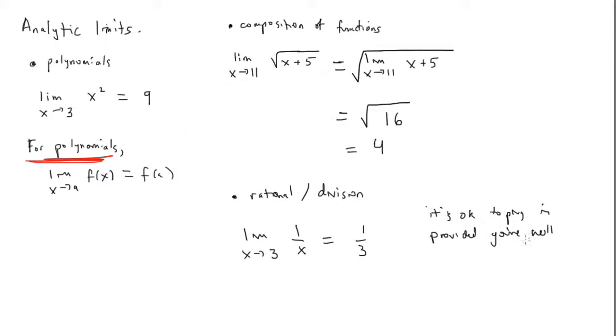Now that's not really a very good mathematical term, but I hope you get the idea. My point is that not only is 3 in the domain of this function, but it's nowhere near the problem point for this function, namely 0. We might be in a little bit more trouble if we try to do something like 3.0001 or something like that. Okay, so just to recap, nice functions behave nicely.